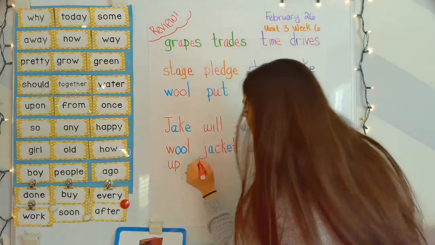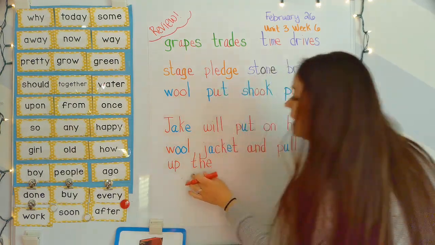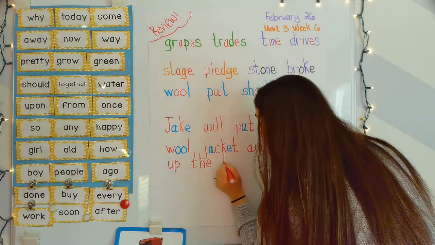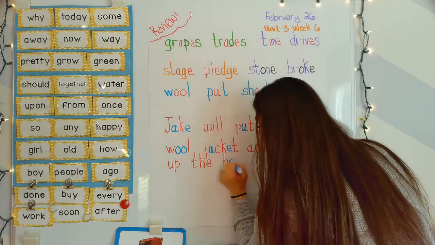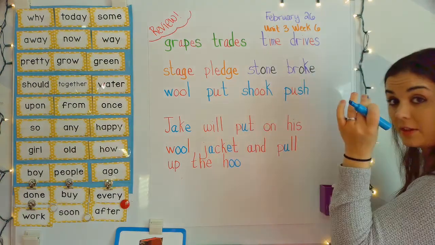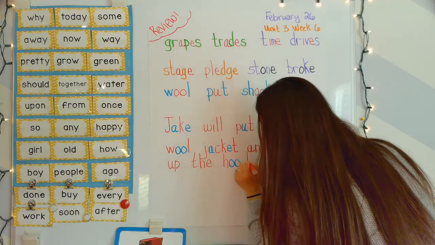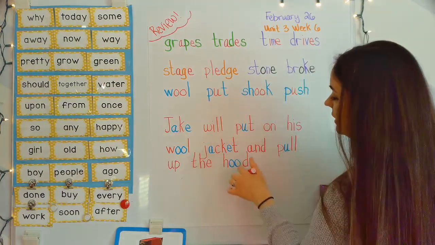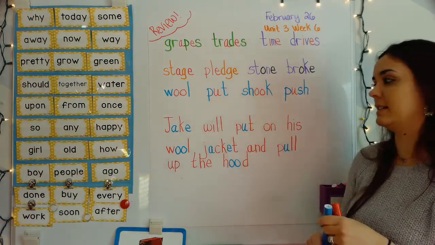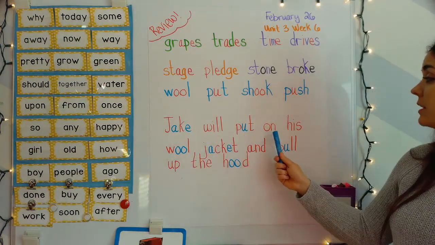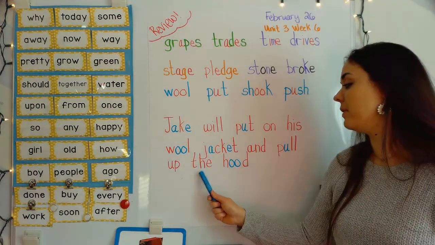Pull up. Sorry, they're blending over each other. The. H says huh. 2 O's together. Huh. Sorry, kind of sloppy here. Huh. Hood. All right, so let's read our sentence. It's a long one. Jake will put on his wool jacket and pull up the hood.